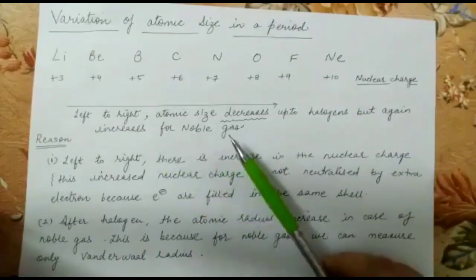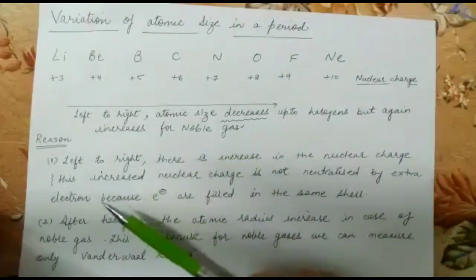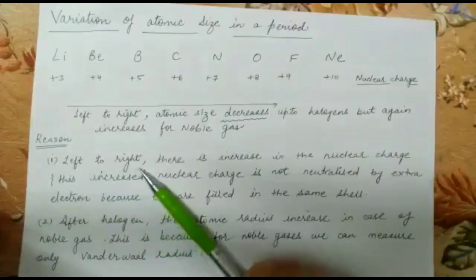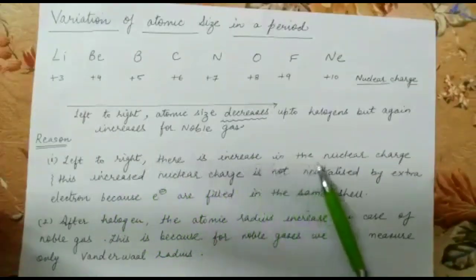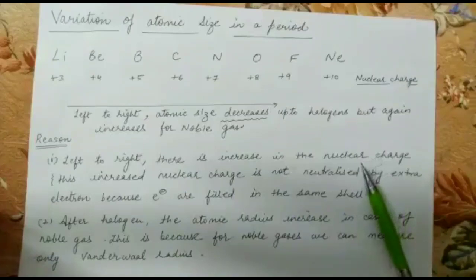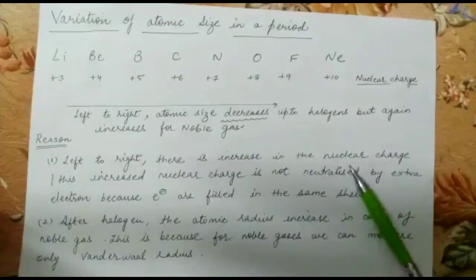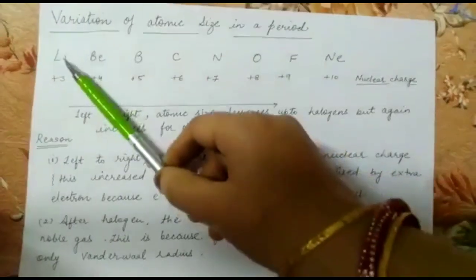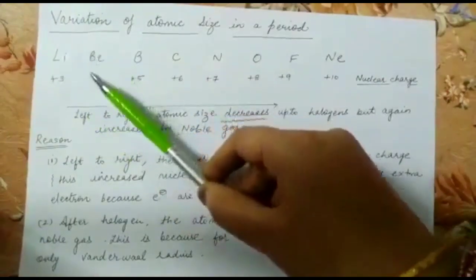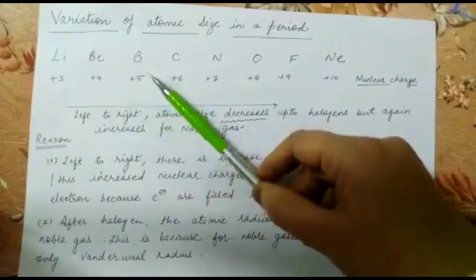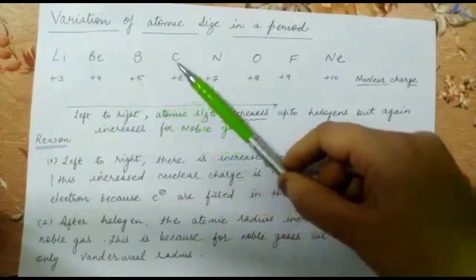Now what is the reason behind this? First, as we move from left to right, there is an increase in the nuclear charge. What is the meaning of nuclear charge? Nuclear charge means number of protons. You can see lithium +3, beryllium +4, boron +5. These are the number of protons.